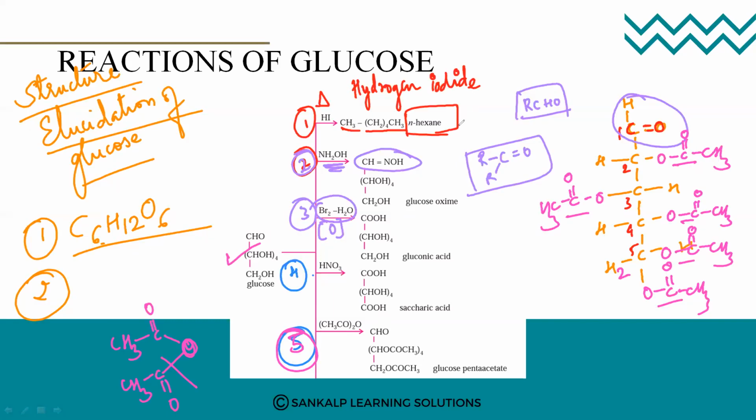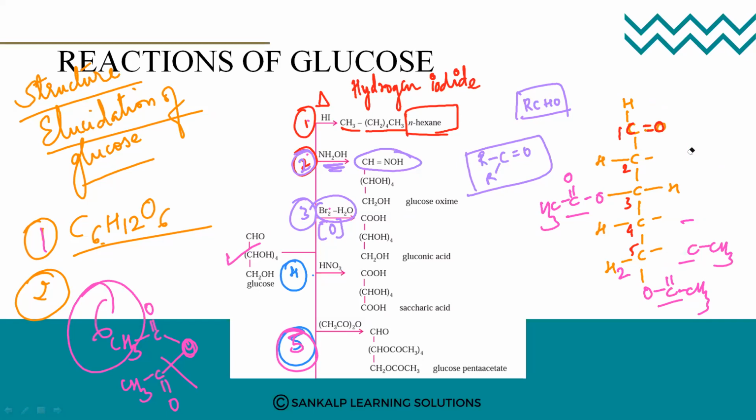I hope this is clear. So based on all the above facts, we have seen one, two, three, four, five, six tests. So based on the above six reactions of glucose, these are the facts. So what is the open chain of glucose? I'll draw this.